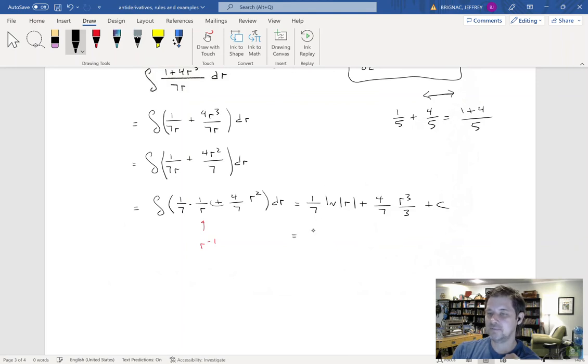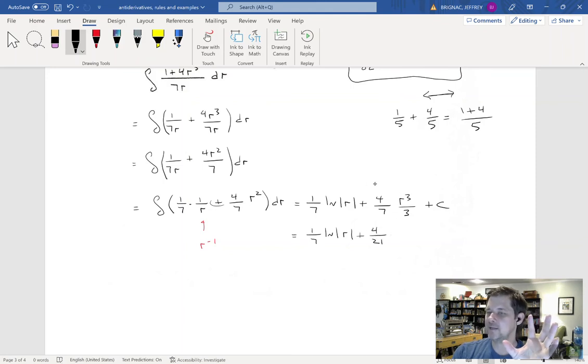Let's see, can we simplify it at all? I can't simplify this first part. It's just going to be like so. 1 over 7 natural log of absolute value of r plus, over here I'll combine some of the numbers. I've got 4 over 7, and this is like a 1/3, that 3 under the bar, so I'm going to put 4 over 21.